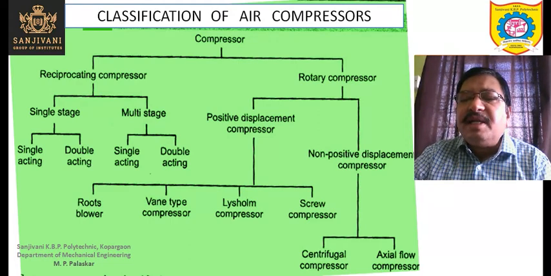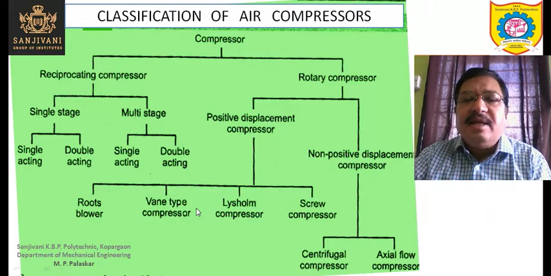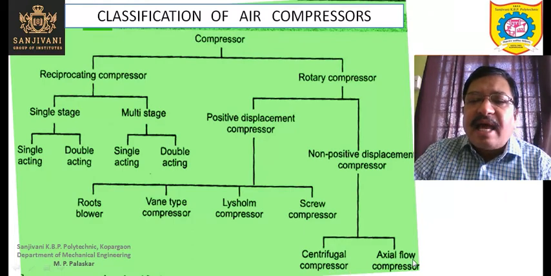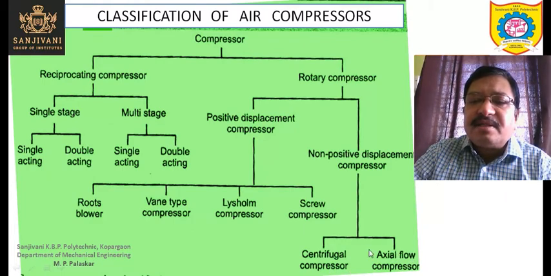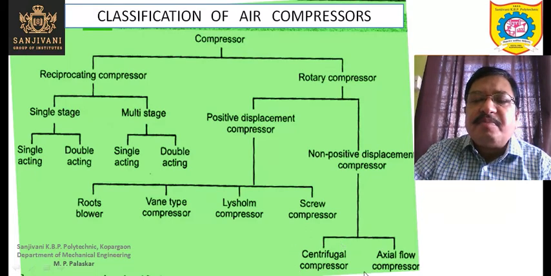This is possible by changing the area of cross section available for the flow of the air. We are going to study these in detail later, with the help of figures, when studying the centrifugal compressor and the axial flow compressors. But right now we are just studying the types of compressors.